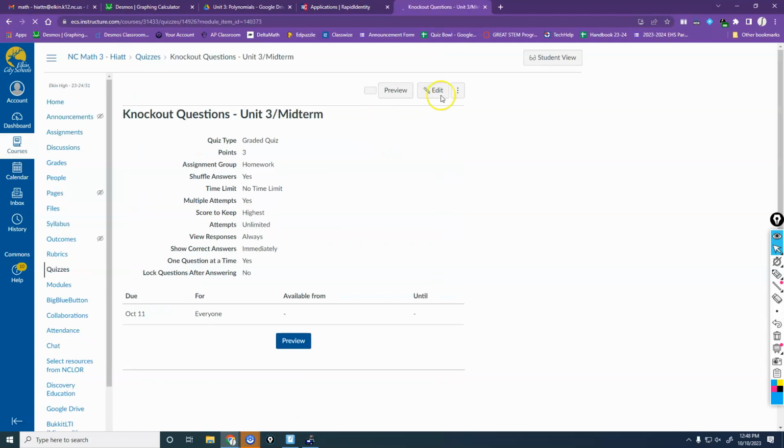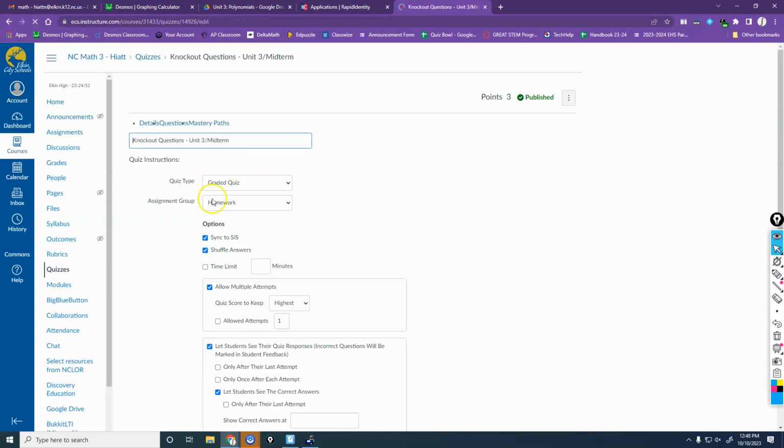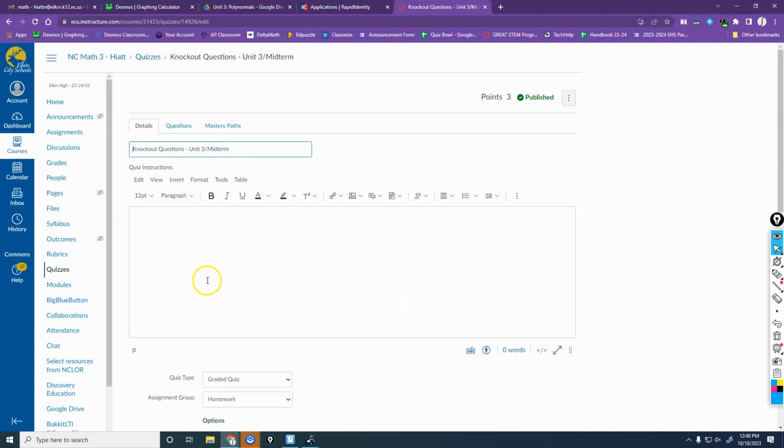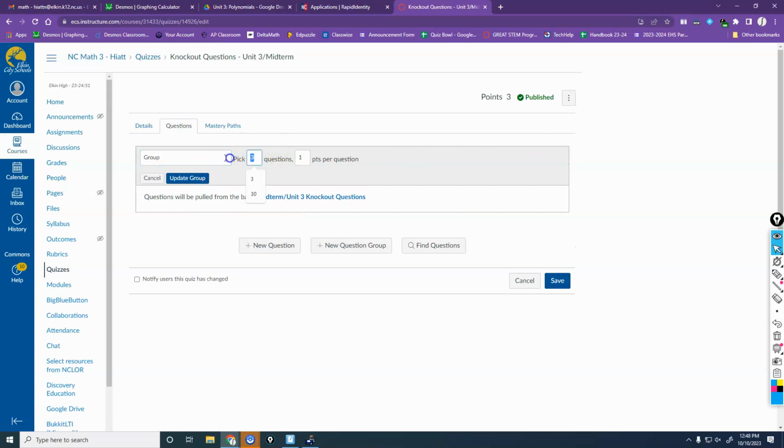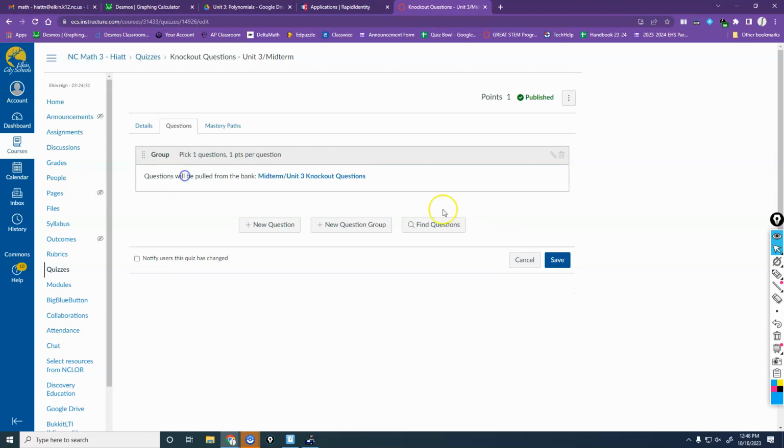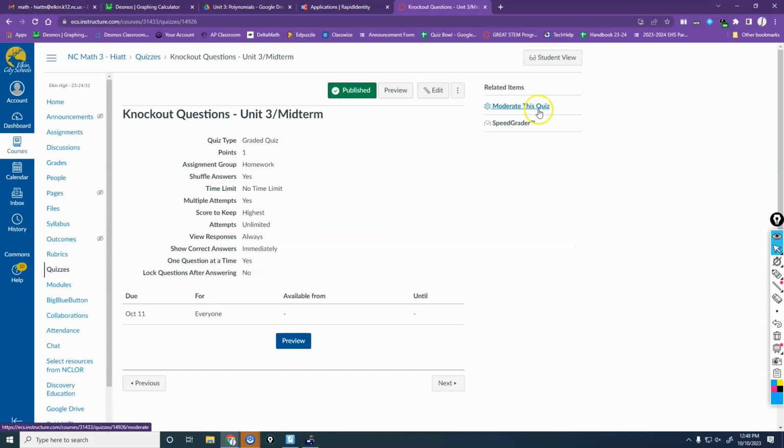I'm getting ready to change it a little bit and make it only pull 2 questions instead of 3. Actually, I just want to do 1 at a time. So we don't have a lot of time here. The game will go faster if I do it this way. Okay. All right.